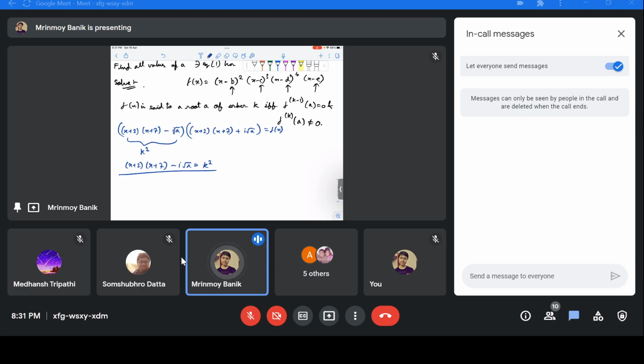So how do you wish to solve? Like, how do you wish to proceed now? Sir, I proceeded with the discriminant method. So you are treating it as a quadratic in x. Okay. Yeah, sir.